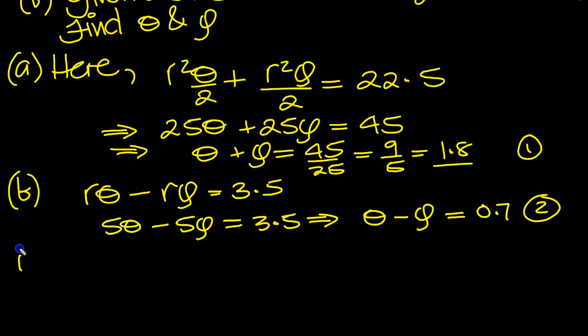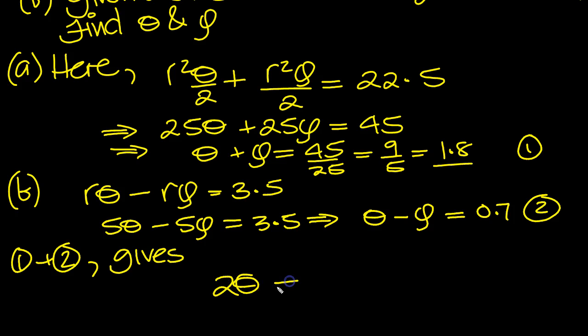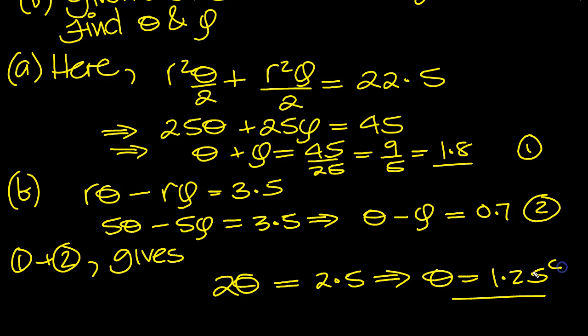If we add them, 1 plus 2, then the phi's will cancel each other out, the phi and the minus phi. We've got 2 theta, so 2 theta will equal the 1.8 plus the 0.7, which is 2.5. So that tells us that theta is equal to 1.25 radians.